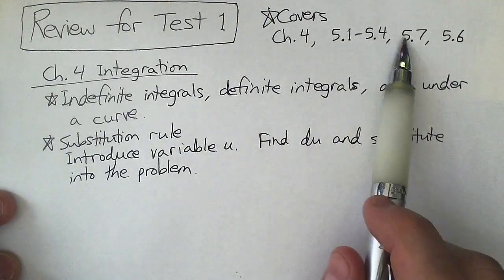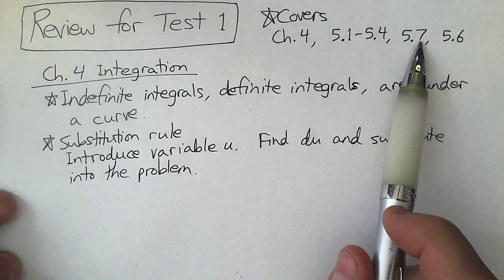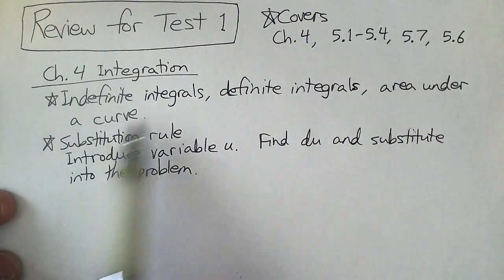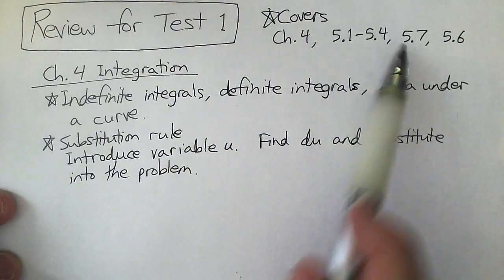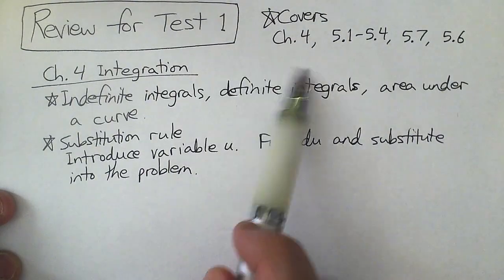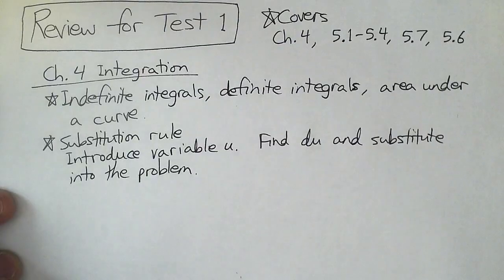Just thinking of a quick example here, 5.7 was improper integrals, and sometimes you might need to do the substitution rule for an improper integral, right? So I could ask you something from this and think of it as a chapter 4 question, or I could just have it appear within those other questions.